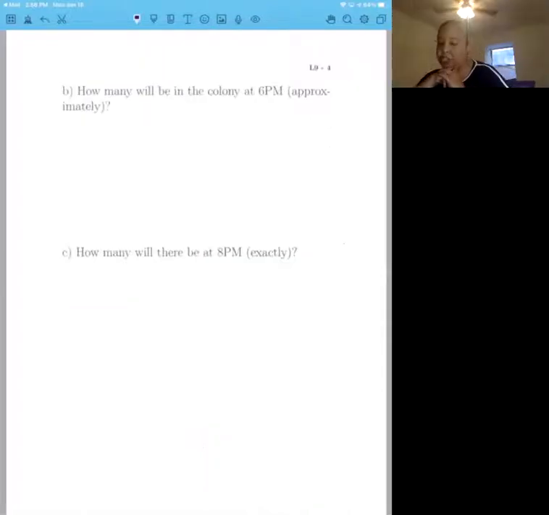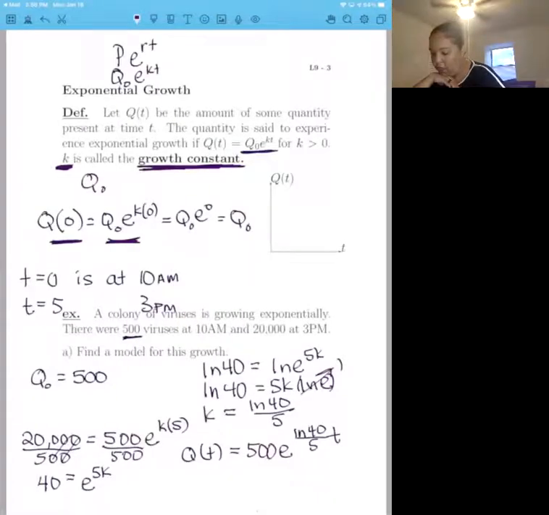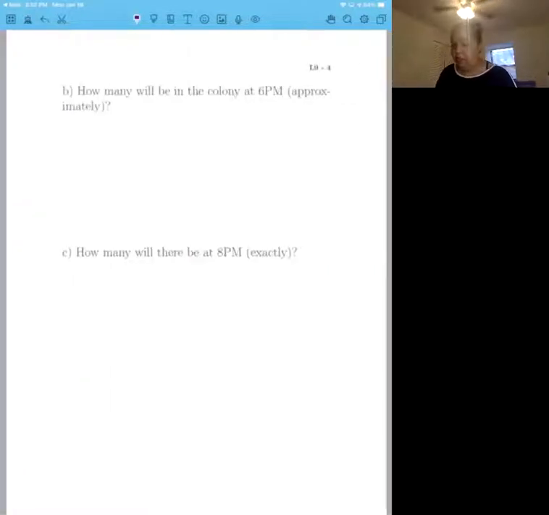All right, the next question is how many will be in the colony at 6 p.m. approximately? All right, so we know that time 0 is at 10 a.m. So we need to figure out what time is at 6 p.m. At 6 p.m., T is equal to 8.